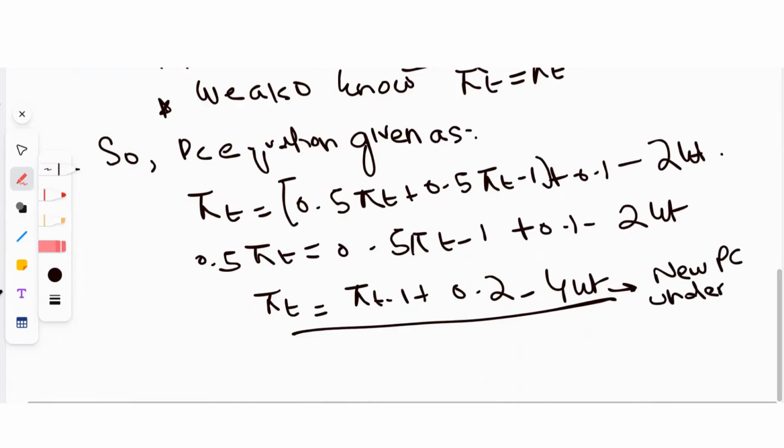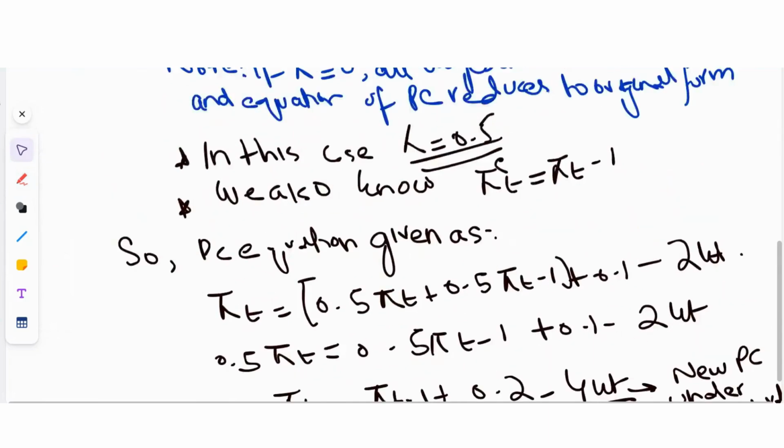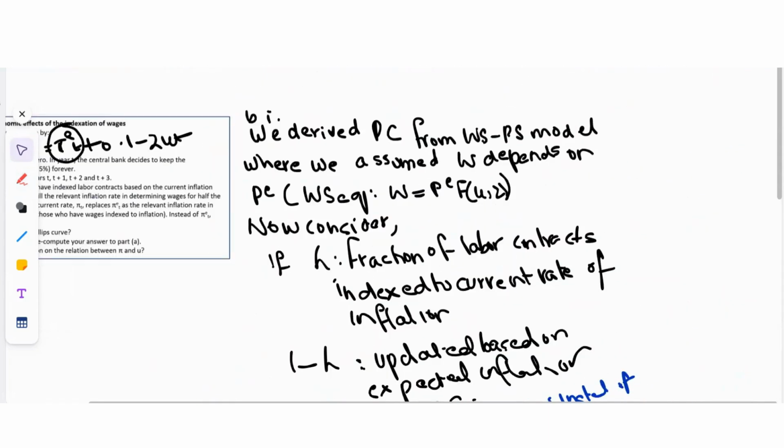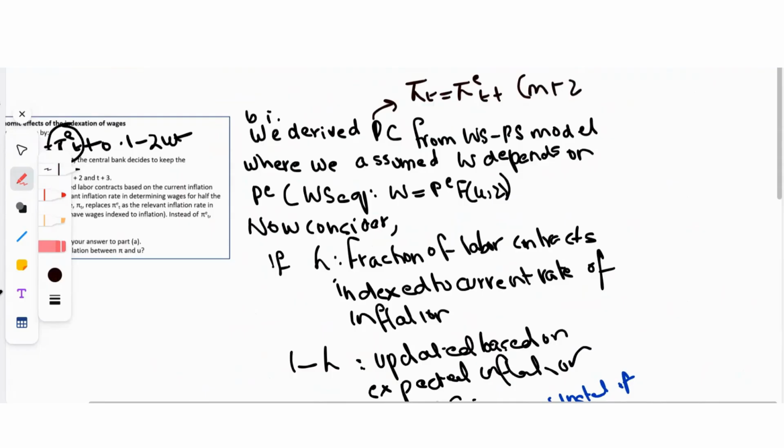The key thing to remember is the PC equation that we derived, which in general is pi t is equal to pi et plus m plus z minus alpha ut, right?